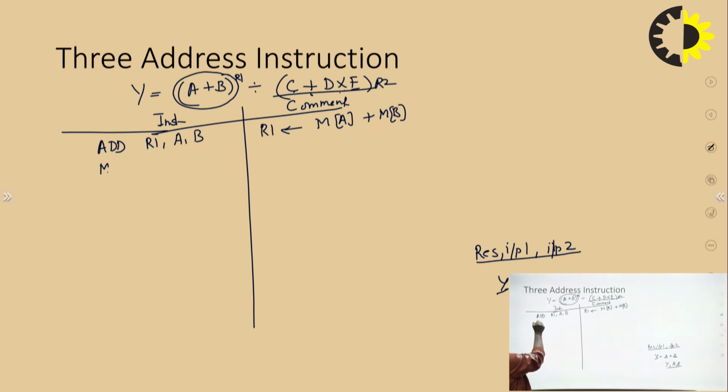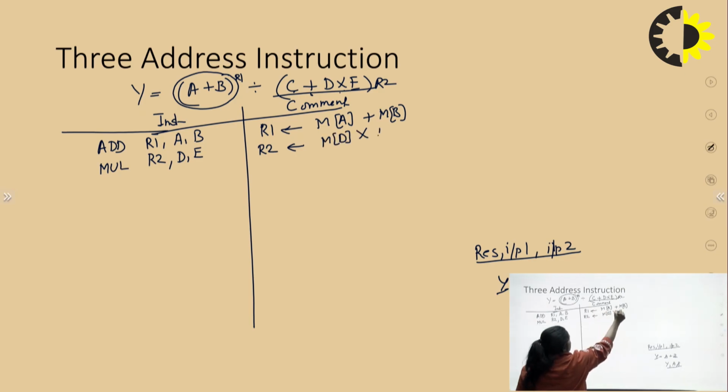You can write it as MUL, and the result will be stored in R2, with D and E. The multiplication operation is performed on D and E and the result is stored in R2, so R2 = M[D] × M[E].